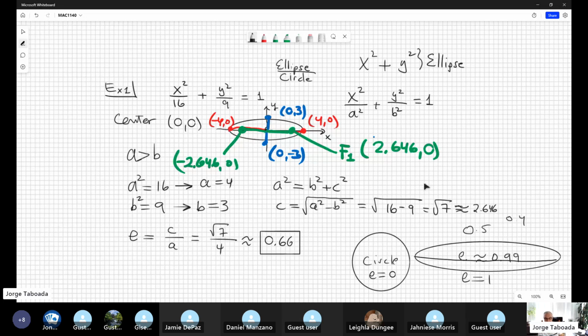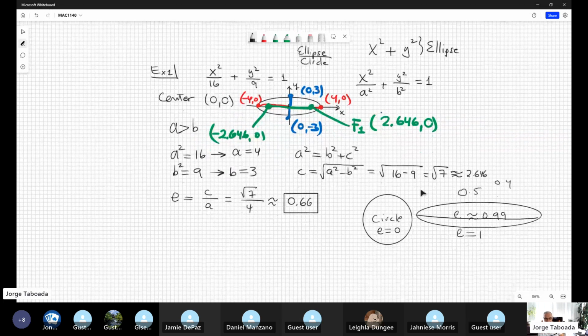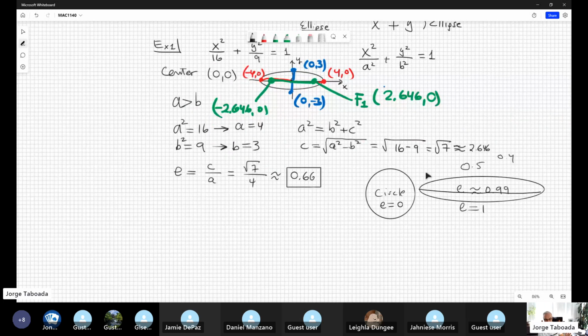At the beginning, astronomers, two centuries ago, believed that the solar system, suppose the sun, and this is the planet, for example the Earth, maybe Jupiter, rotates like a circle, and this is not true.